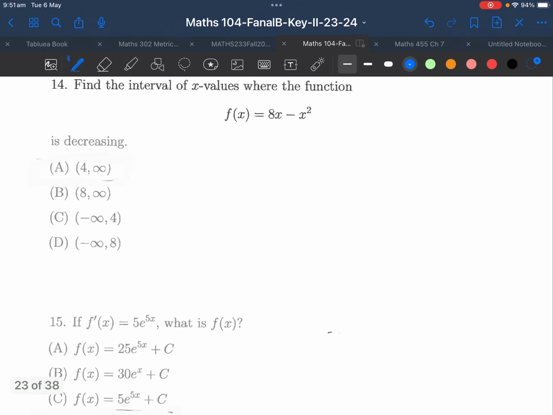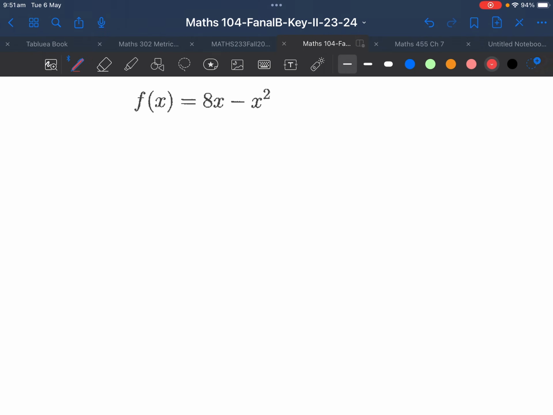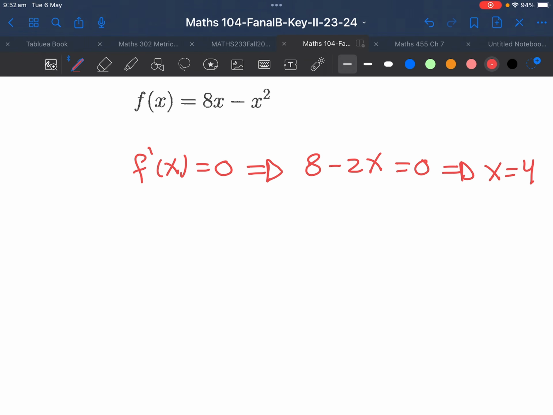Next question, find the interval of x values where the function is decreasing. Remember, for decreasing, first of all, we need to find the derivative and make the derivative equal to 0. Why do we do that? Because I need to find the critical numbers. The derivative is this one, and so x equals 4. So you go and make the number line and here you put 4. Now you need to find the sign of f prime.